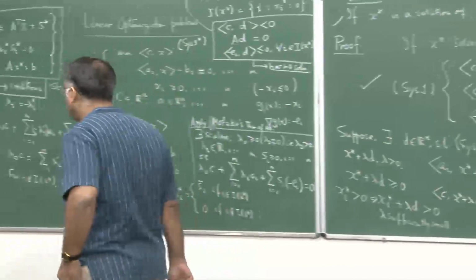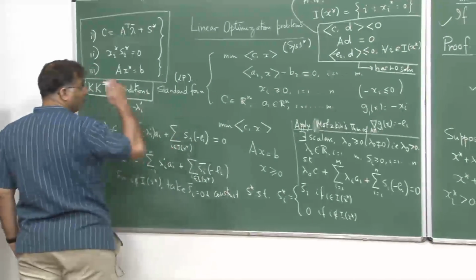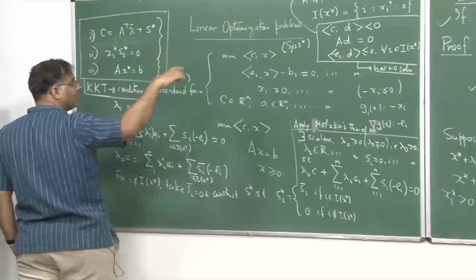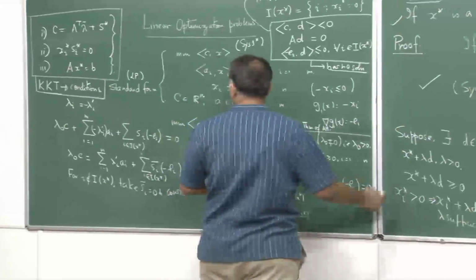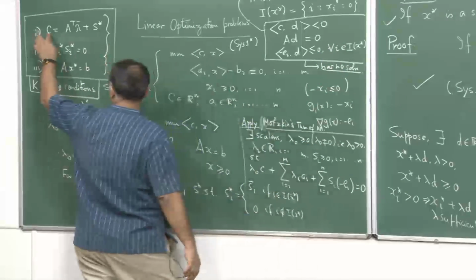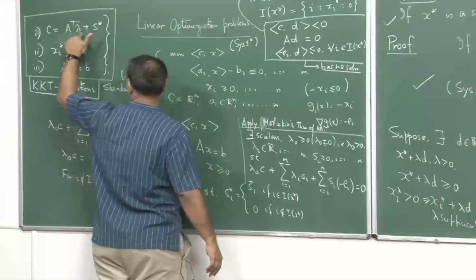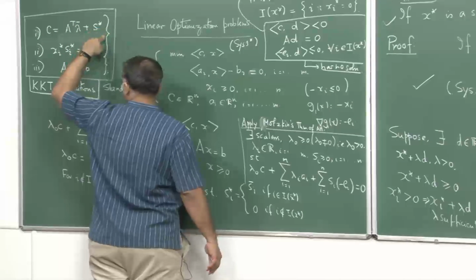To write the theorem in a nice way, what we have shown is that if x star is a solution, there would exist a multiplier lambda not equal to 1, lambda bar in Rm, S star in Rn plus.